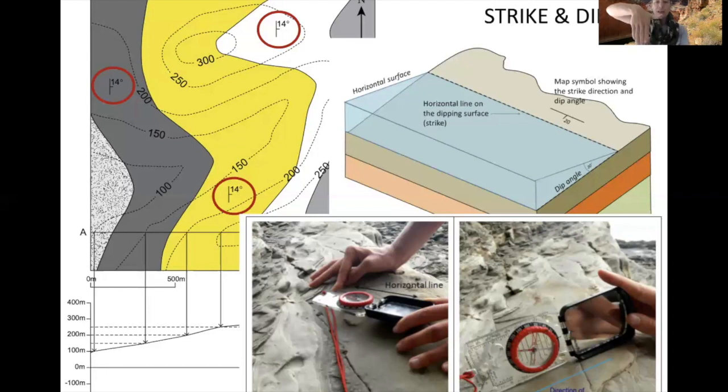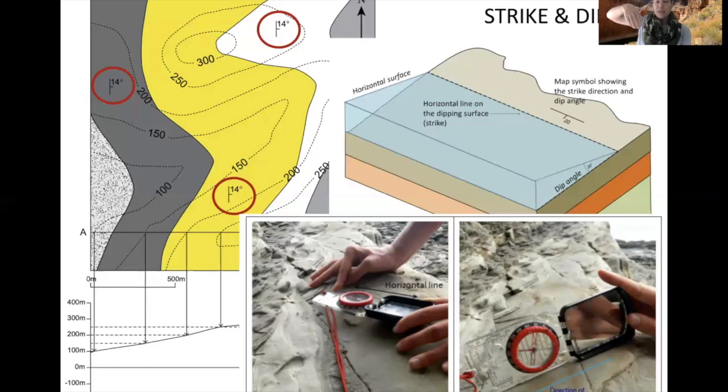So if you orient your hand so that you have a right angle between your thumb and your fingers on your right hand, you can do the right hand rule. Your thumb is going to point along strike, and your fingers are going to flow down dip, down underground.